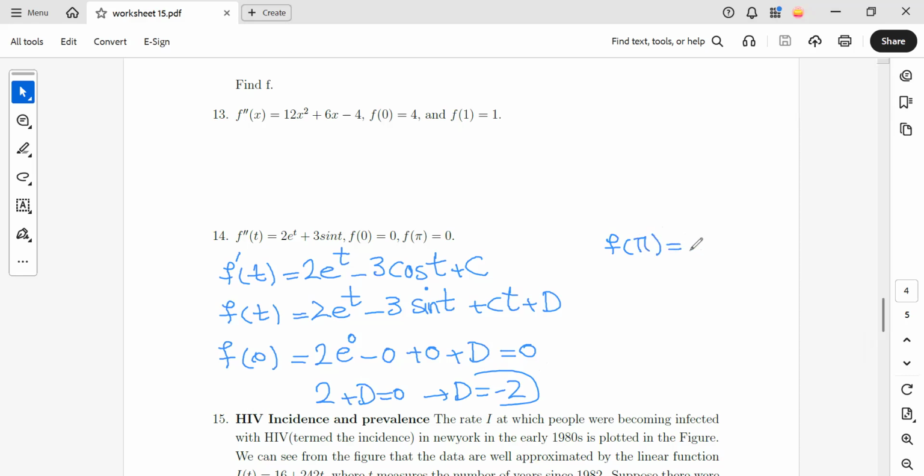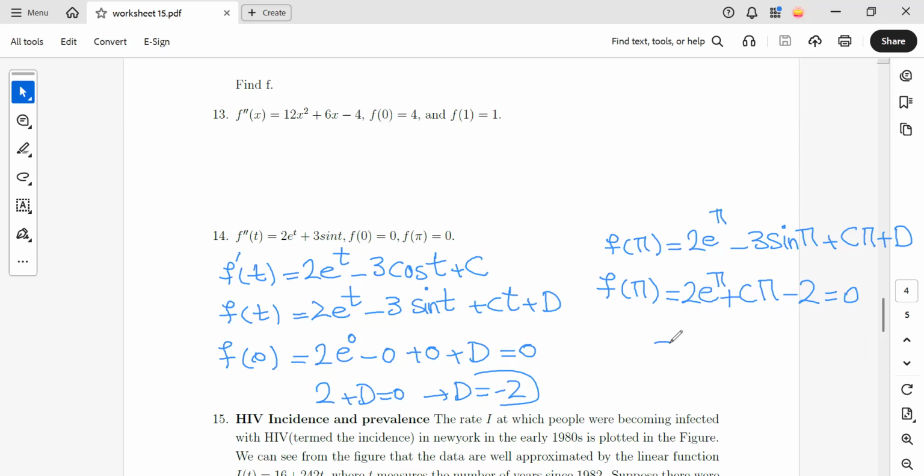So f of pi will be 2e to pi minus 3 sine of pi, which is 0, plus c times pi plus d. So f of pi is 2e to pi, sine of pi is 0, c pi, and d is -2 here. And the question says f of pi is just 0. So c will be 2 minus 2e to pi over pi.